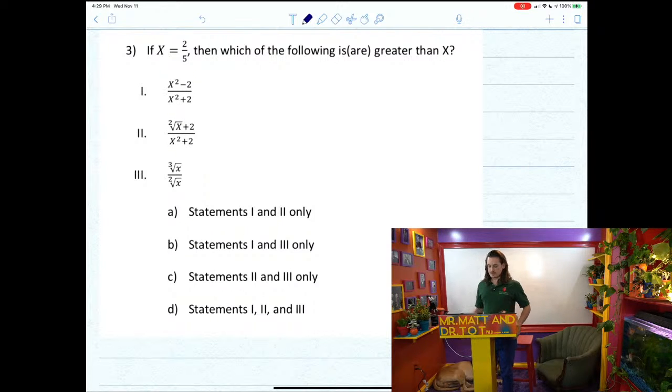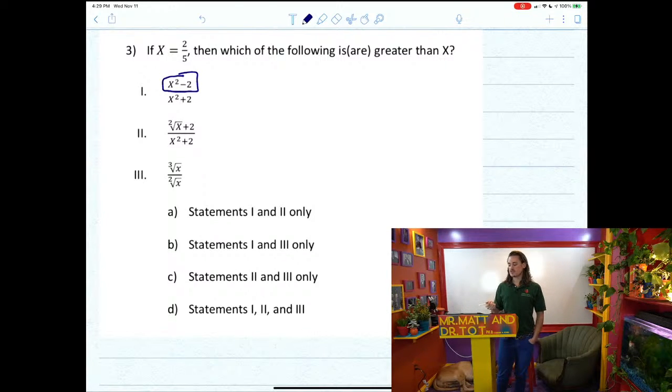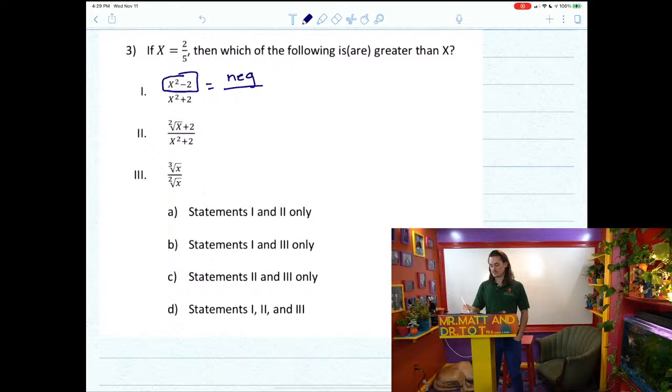Okay, so if we think about these statements, for statement 1, x squared minus 2, normally squaring is going to increase a value, but this value is in between 0 and 1, so it's actually going to decrease. 2/5 is already smaller than 1, so when we decrease it by squaring it and then subtract away 2, this is going to turn into a negative value, whereas the denominator is going to remain positive because it's going to be a number in between 0 and 1 plus 2.